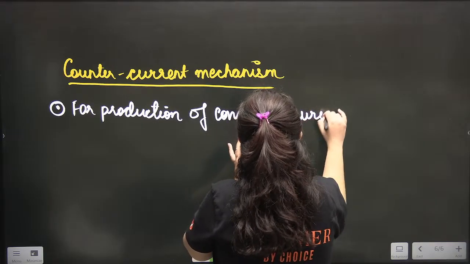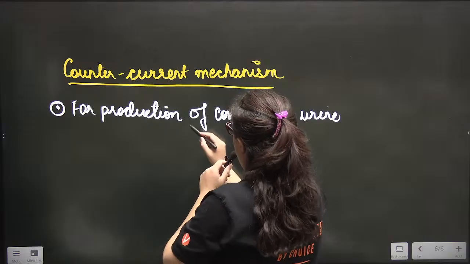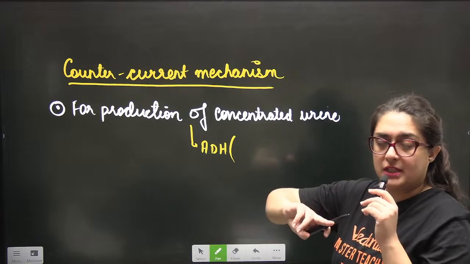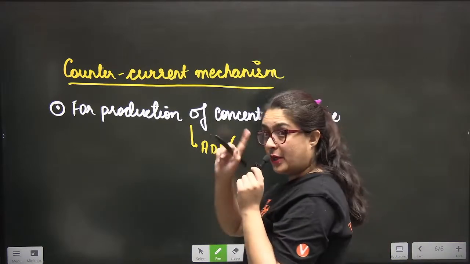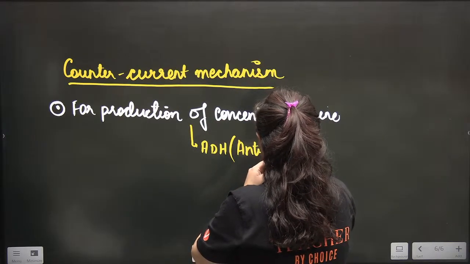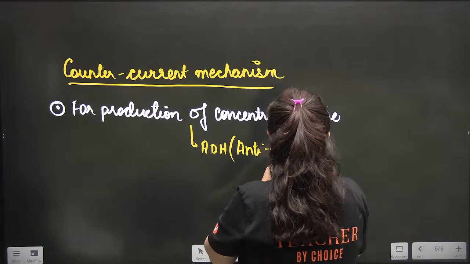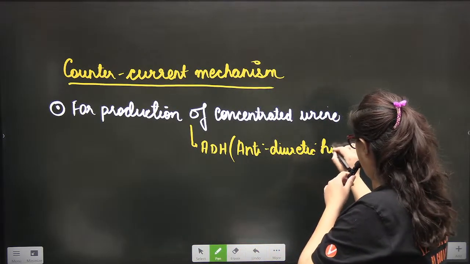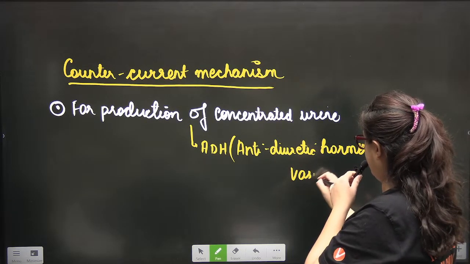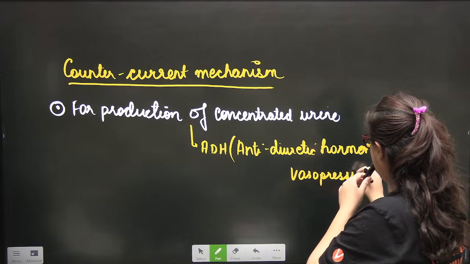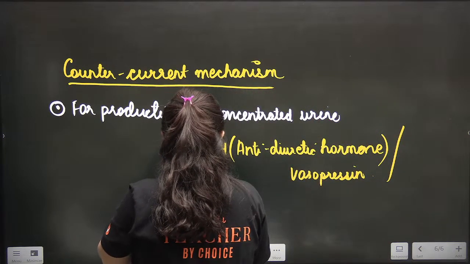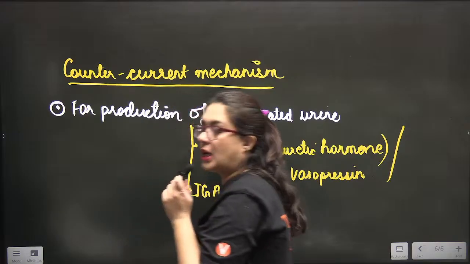Now this concentration is also maintained by many mechanisms like ADH hormone, anti-diuretic hormone or vasopressin, produced by the hypothalamus and poured into the posterior lobe of the pituitary, never produced by the pituitary, manufactured by the hypothalamus. The name vasopressin indicates pressing the blood vessels. Or the JGA, juxtaglomerular apparatus.